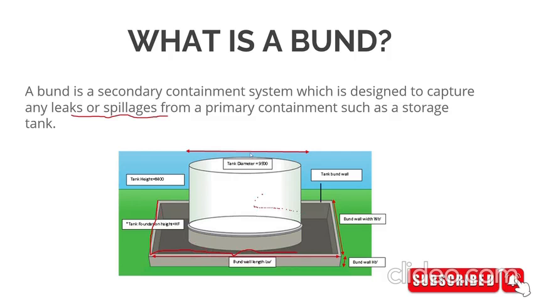The primary containment is the tank which is used to store diesel, petrol, or any liquids. The secondary containment is used to contain the liquids in case any leakage happens in the primary containment, which is the tank.